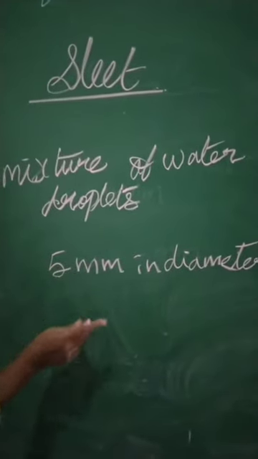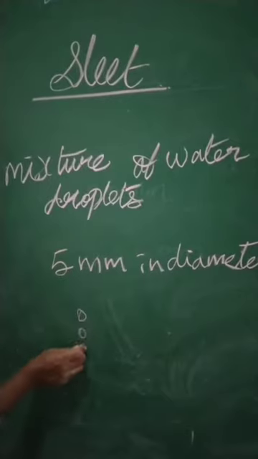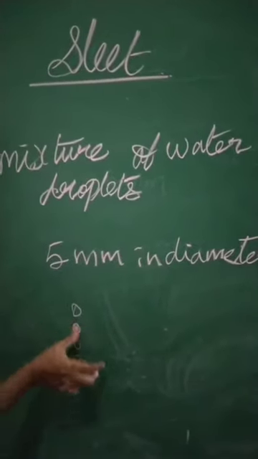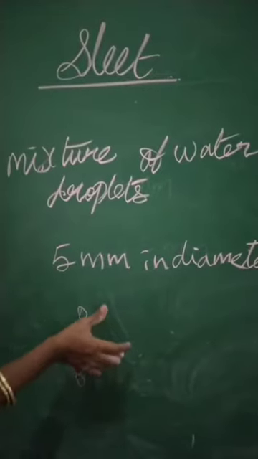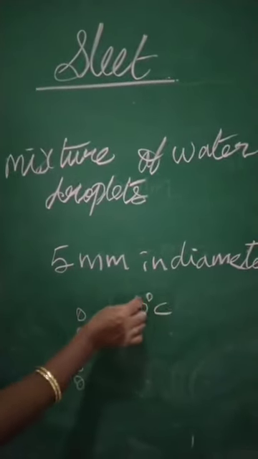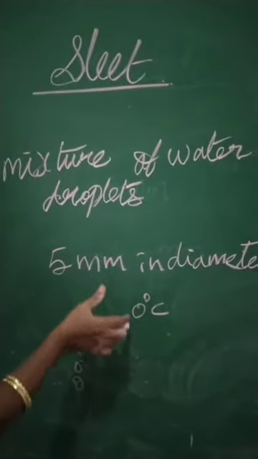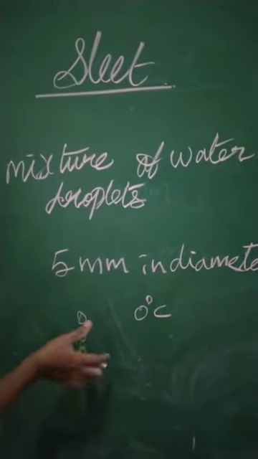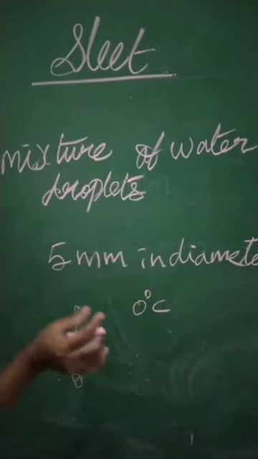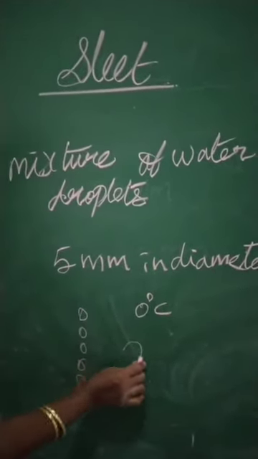Sometimes raindrops fall through a layer of air below 0 degrees Celsius, the freezing point of water. As they fall, the raindrops freeze into solid particles of ice.